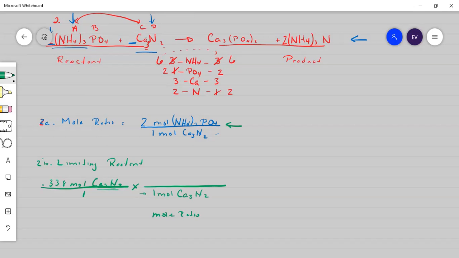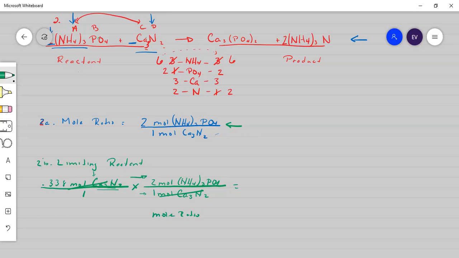Now, let's say I had ammonium phosphate up here. Then I would have to flip this mole ratio, right? But because we picked this one, as it happens, I can leave the mole ratio exactly the way it is, and I don't have to flip it. The reason I can keep it is that these units are the same, so they can just cancel.